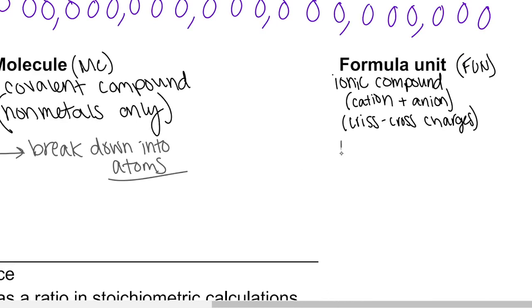And then a formula unit will break down into ions. So the only difference being that an ion has a charge because they are ionic compounds.